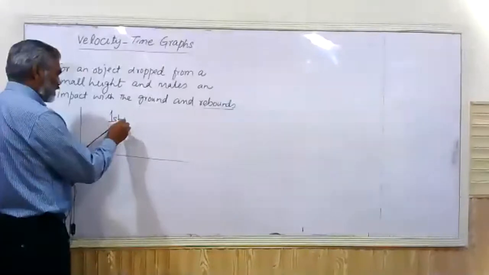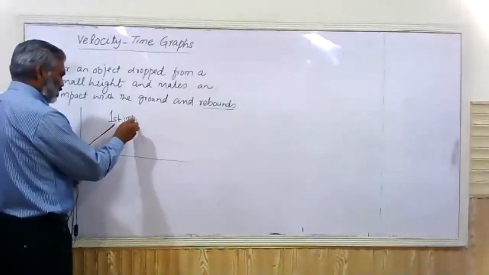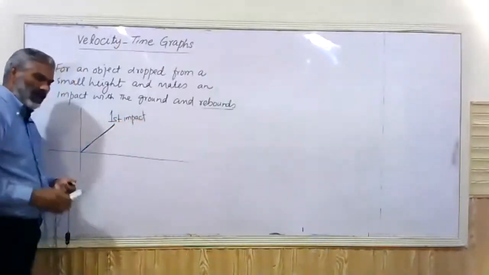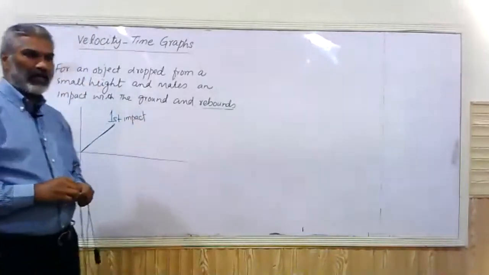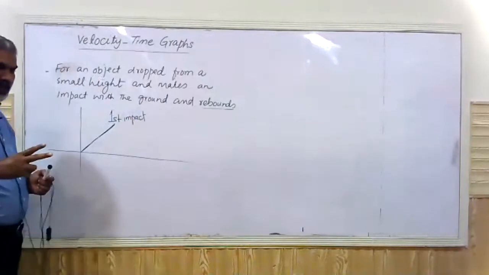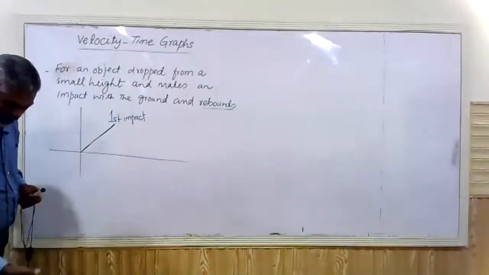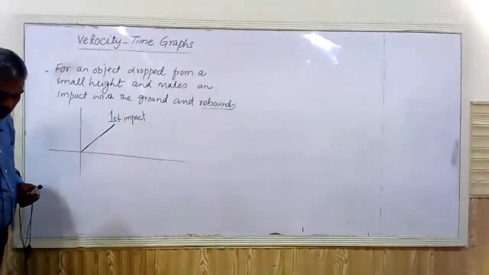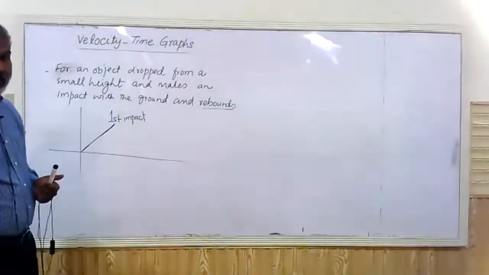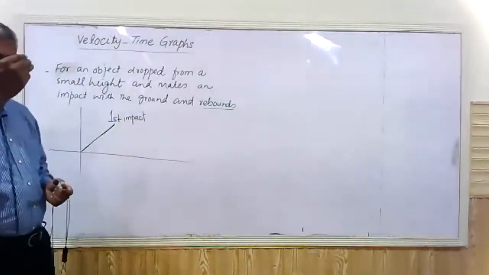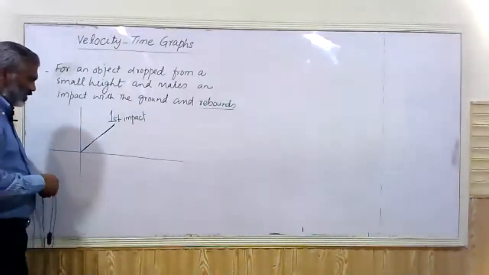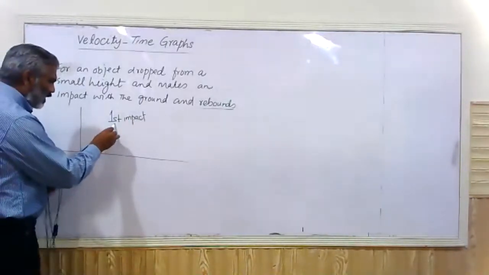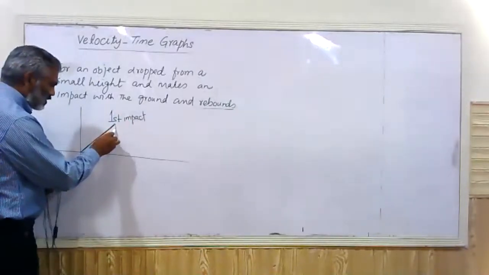This is the first impact. But what happens when an object makes an impact with the ground? There are at least two things that happen immediately. The object for a moment comes to rest, and then it changes its velocity, its direction, in the upward direction, and these two are depicted like this.